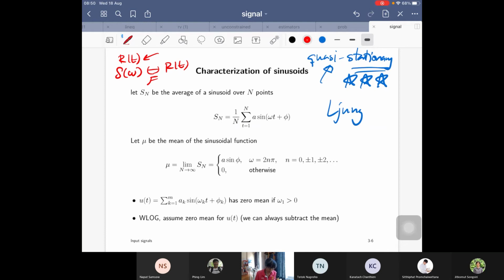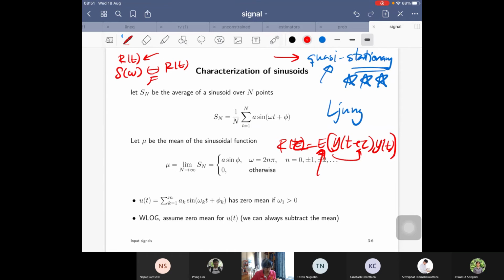When we characterize the quasi-stationary signal, we're going to use tools that can be implemented with deterministic signals and also in practice. For example, we know that theoretically the autocorrelation function is the expectation of y(t plus tau) times y(t), and that expectation should be done corresponding to the PDF of y(t).